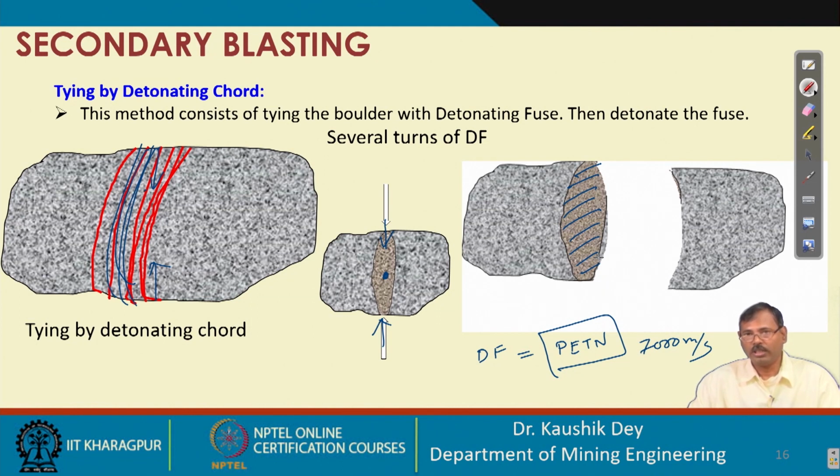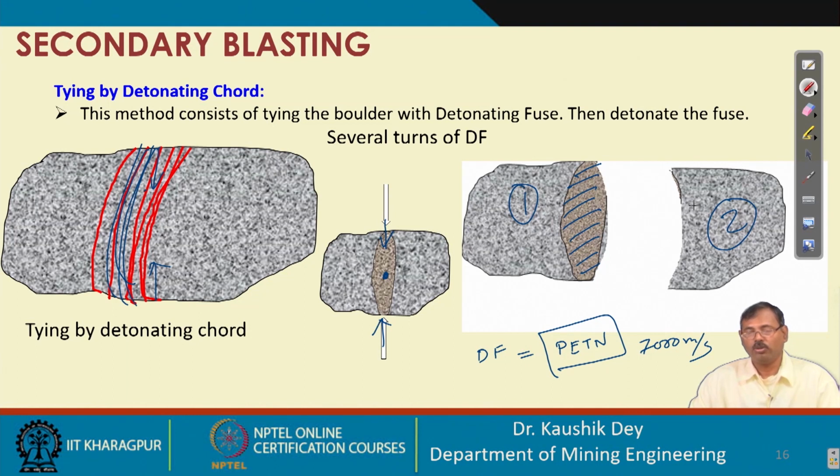In the blasting carried out so far, you have seen the boulders fragmented into a number of pieces, but this tying by detonating cord will allow you to disintegrate the boulder into two pieces, piece 1 and piece 2.